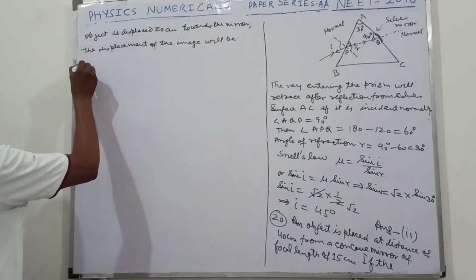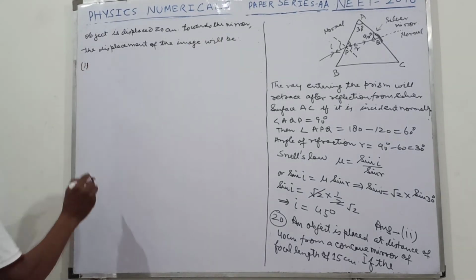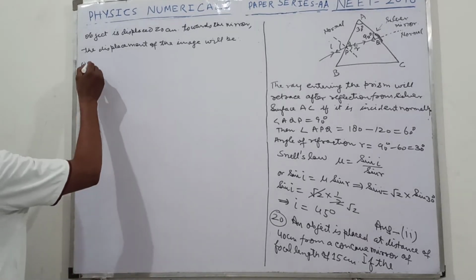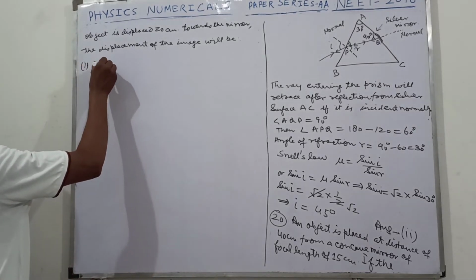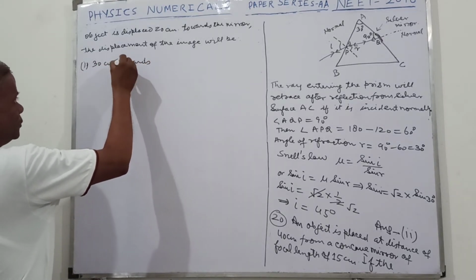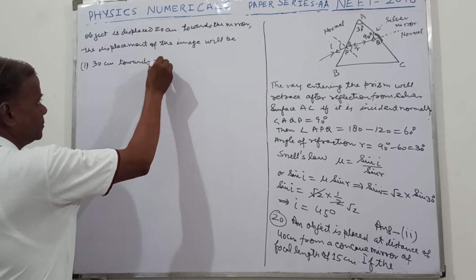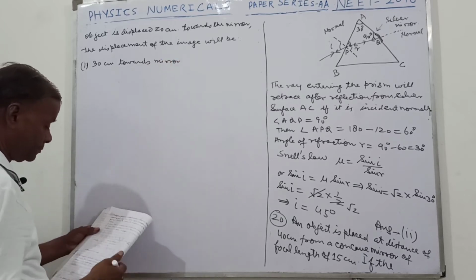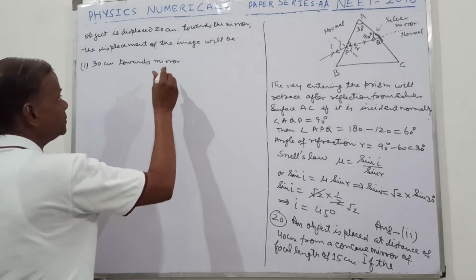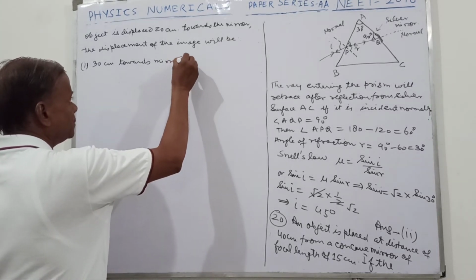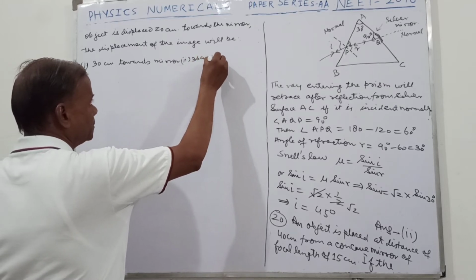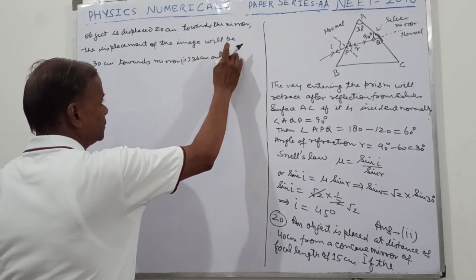Now your options. The first option is 30 centimeter towards mirror. Second, 36 centimeter away from mirror.